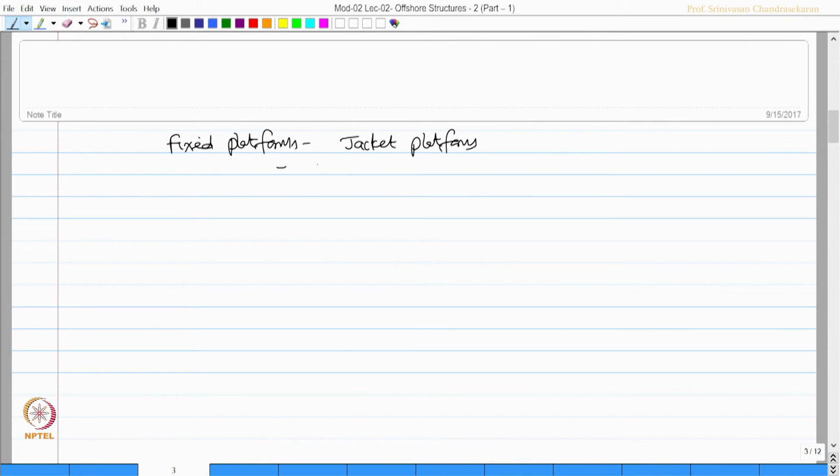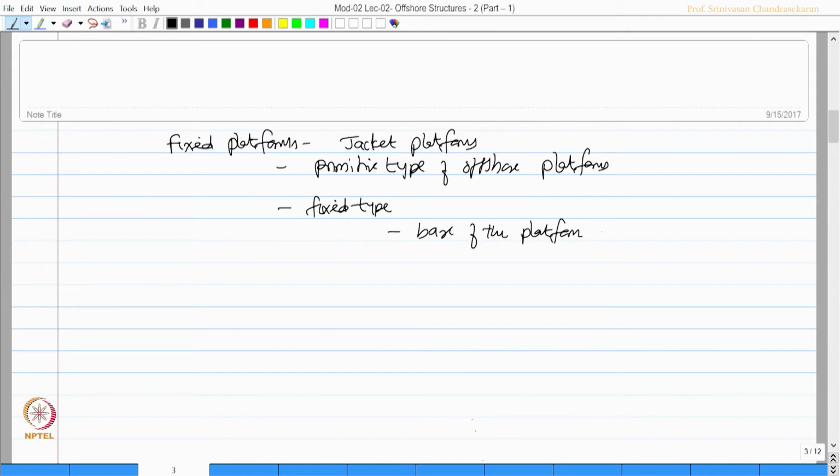So, fixed platforms, which are jacket platforms, are a primitive type of offshore platform. They are of fixed type, in the sense that the base of the platform is fixed to the seabed.